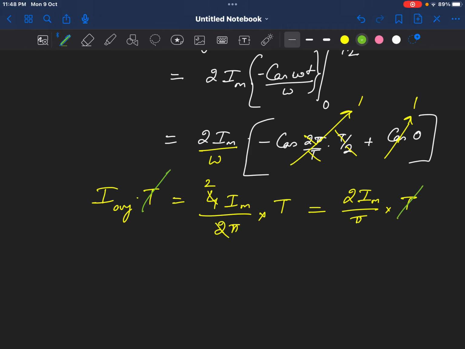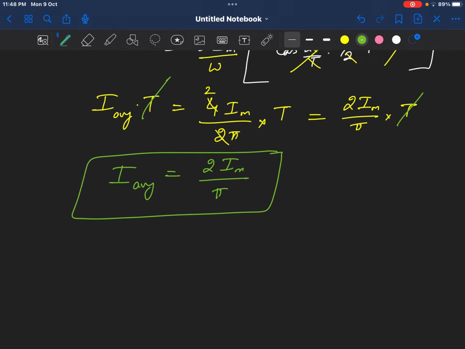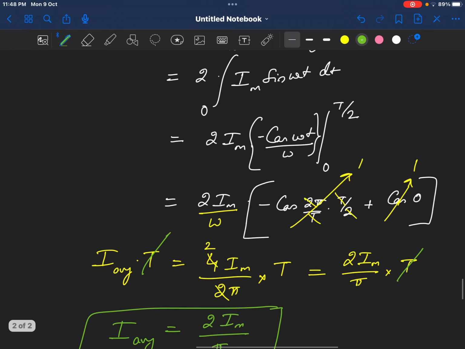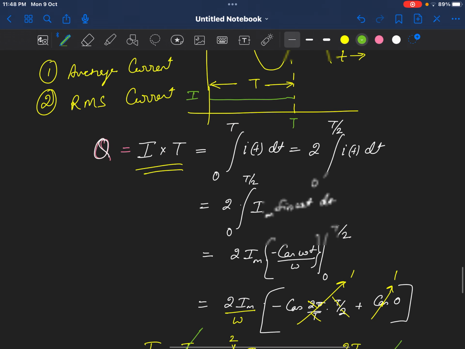Now if I cancel this t, I average is equal to 2 Im by pi. This is the value of the average current. We get it by equating the charge that is transferred during a time period t.